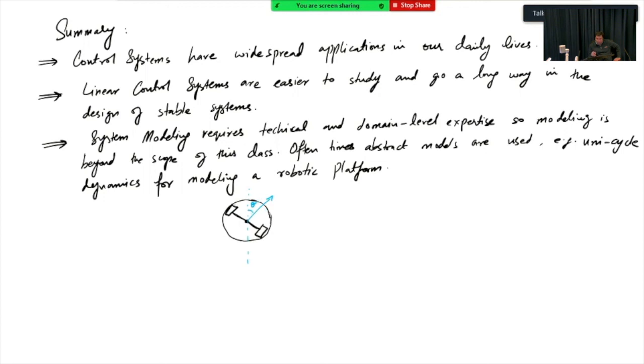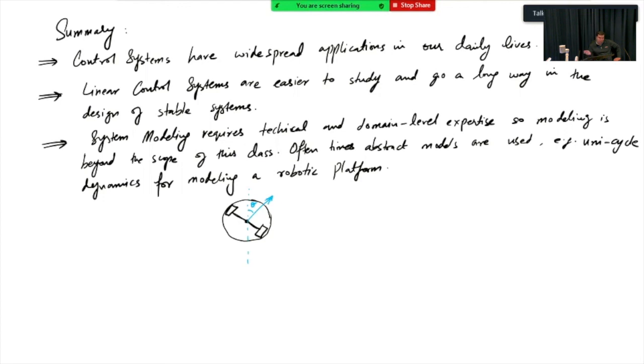Angle basically turns the platform, and the forward motion actually moves it forward. So two states can actually model a robotic platform. So you don't have to go to all the details of what the mass and the other inertial components are, but you use some abstraction, right?